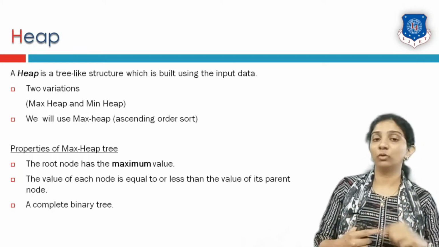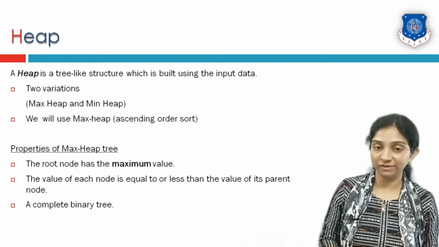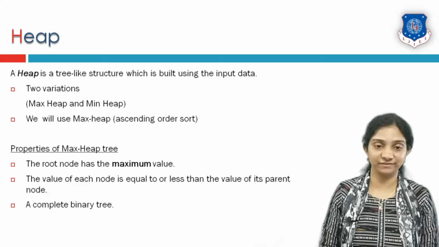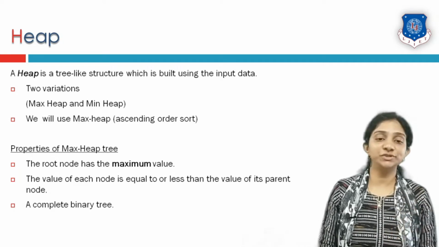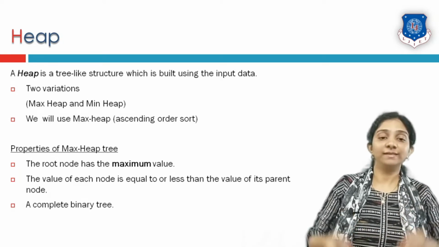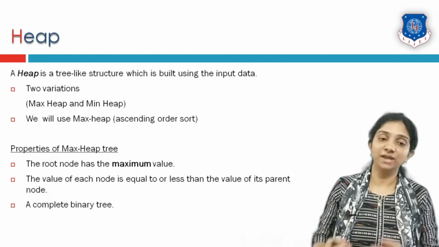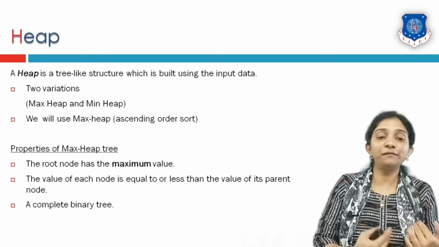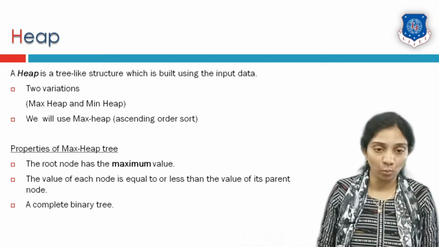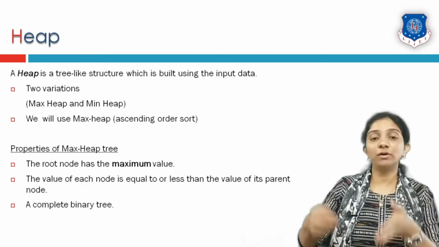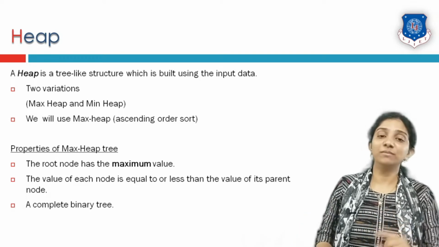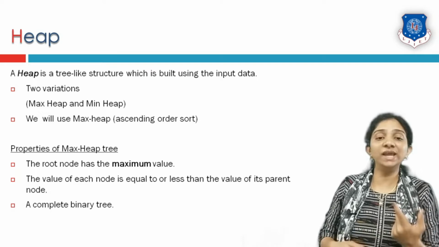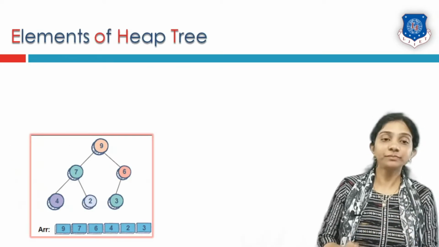If it has a second child, then those two should be left and right respectively. A complete binary tree also states that the height of the left subtree must be equal to the height of the right subtree, or greater than it by only 1.